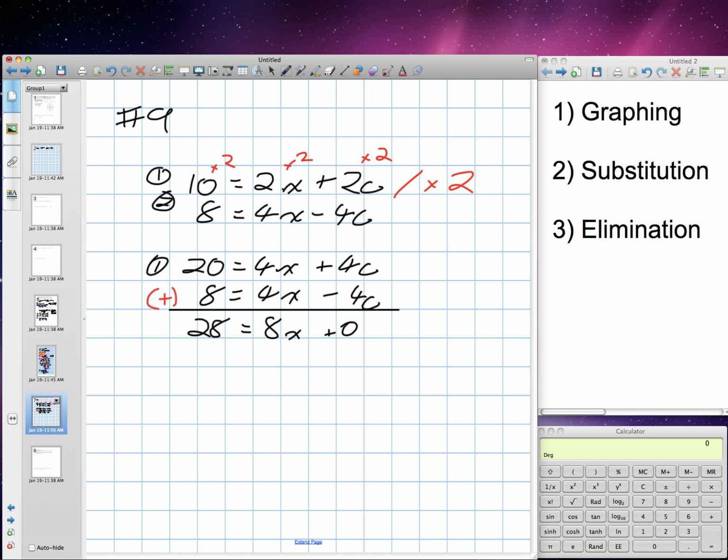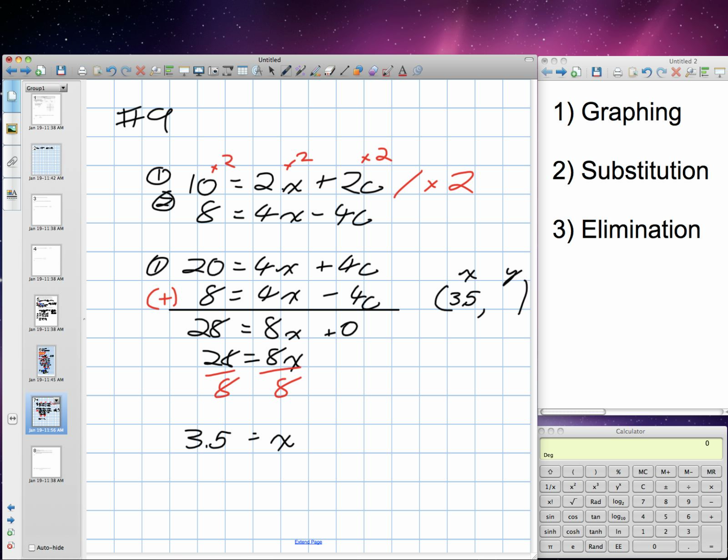Now I solve for x. I isolate x by dividing both sides by 8, and we get x is equal to 3.5. So the speed of the boat is 3.5 kilometers an hour. That's how fast he's traveling.